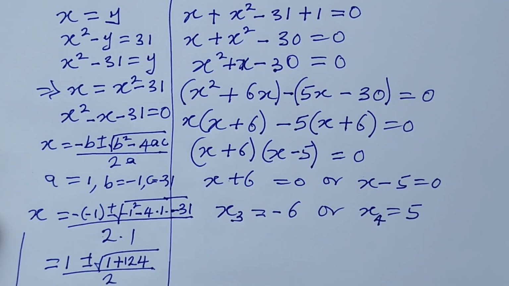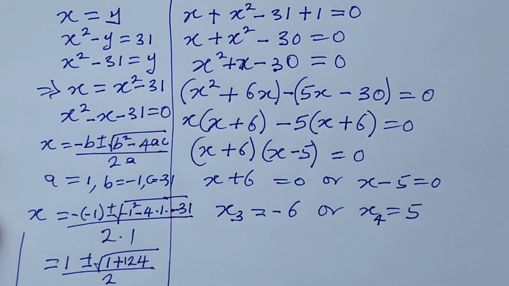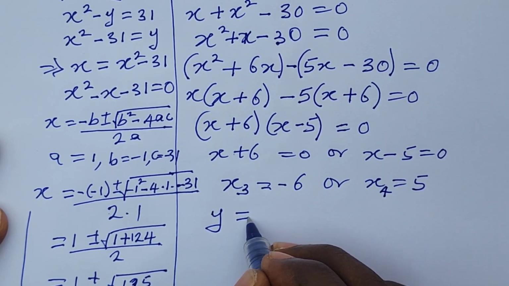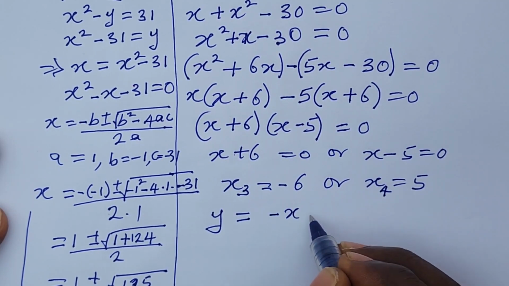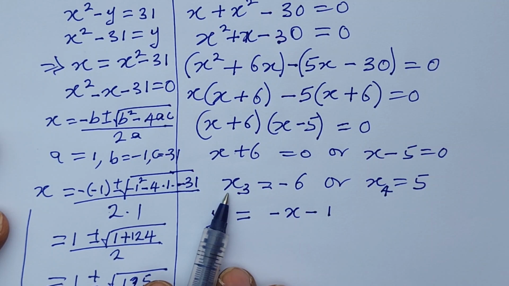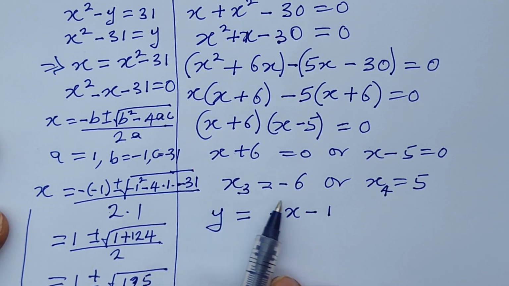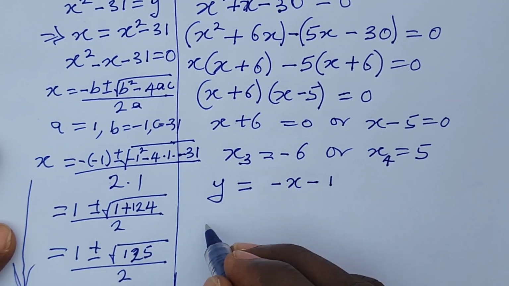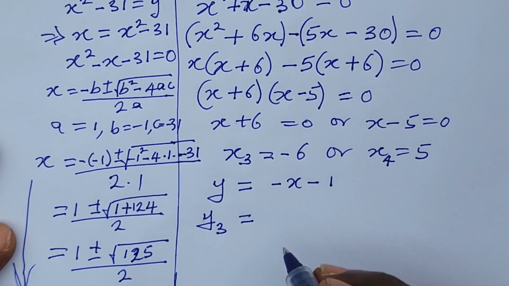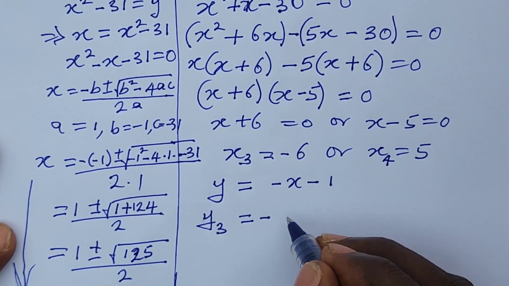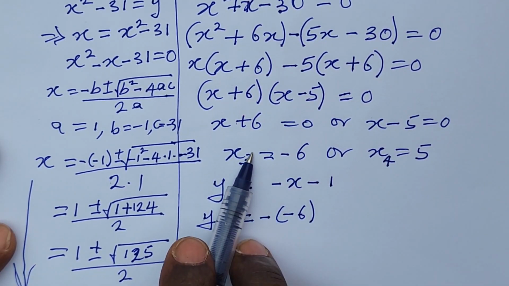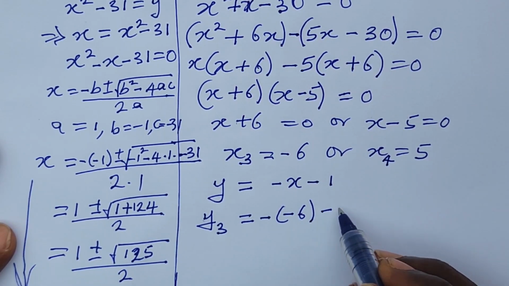Okay, so for us to look for y, if we make y the subject of the formula here, we're going to have y is equal to minus x minus 1. So all we need to do is to put this value for x into this. So we now have here y3 is equal to minus bracket minus 6, but that's what we have here. Okay, then minus 1 here.